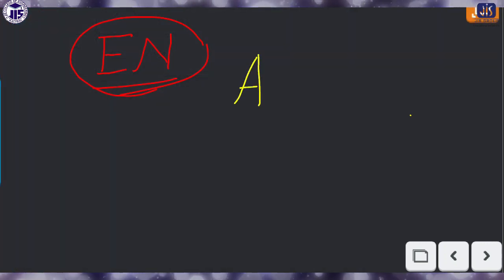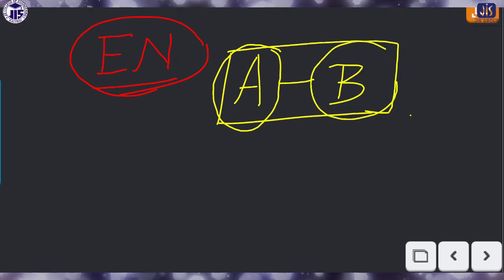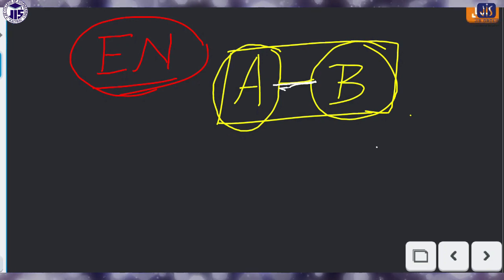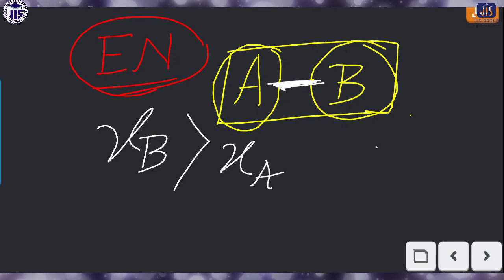For example, this is A and B. When two atoms are attached in a covalent bond, their electronegativity means their tendency to attract the bond electron pair towards itself. That means if B's electronegativity is greater than A's, then B has a tendency to attract the bond electron pair towards itself. So B will attract the bond electron pair.